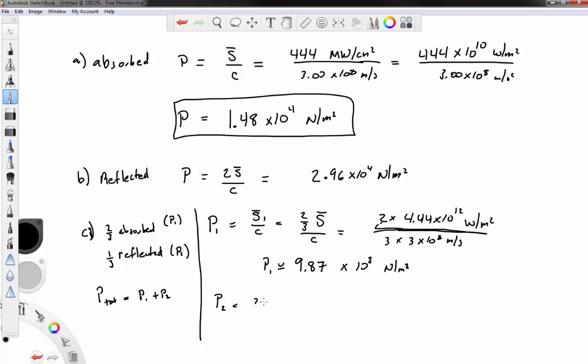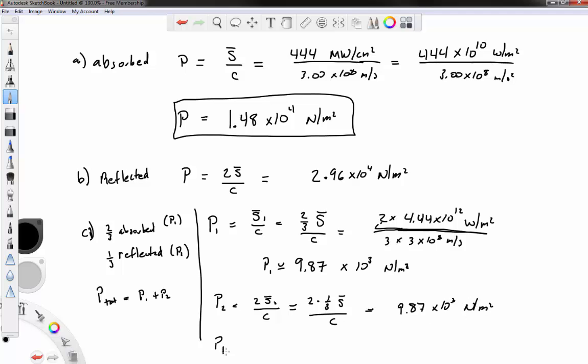P2 for its part should be 2 times S2 over c, and so that is 2 times 1/3 of S over c, and so that's the same thing that we got for P1. So 9.87 times 10 to the 3 newtons per meter squared.